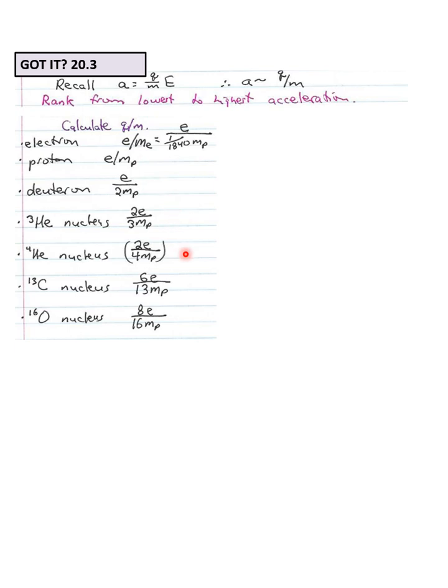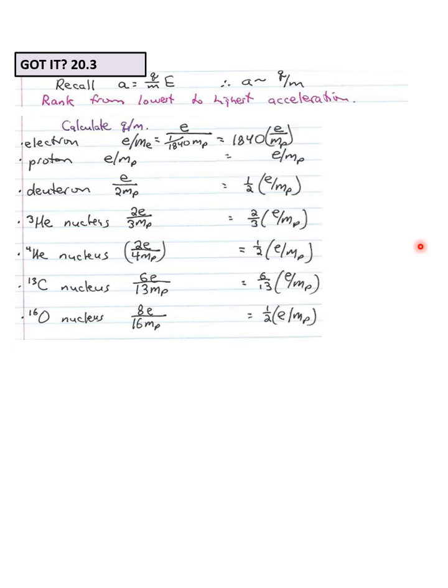And having 4 nucleons in it, 2 protons and 2 neutrons, it has, in the denominator, 4 times the mass of a proton. Carbon-13 nucleus, it has 6 protons, so in its nucleus, it's got a charge of 6e, divided by the 13 nucleons, so divided by 13 times the mass of a proton. And finally, the oxygen-16 nucleus has 8 protons in it, so 8e divided by 16 nucleons, 16 mp.